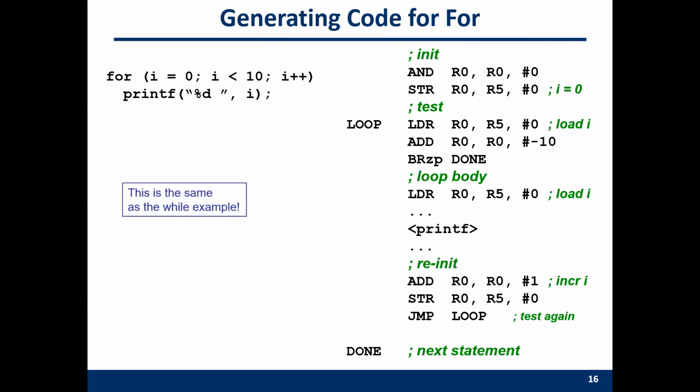So this loop can be translated to this one. You can see the first two statements are the initialization, and then we have the test here, and then we have the reinitialization. You can write all the loops this way.